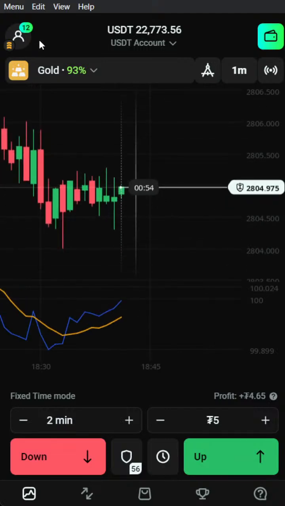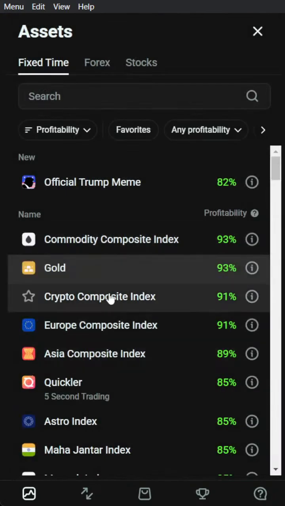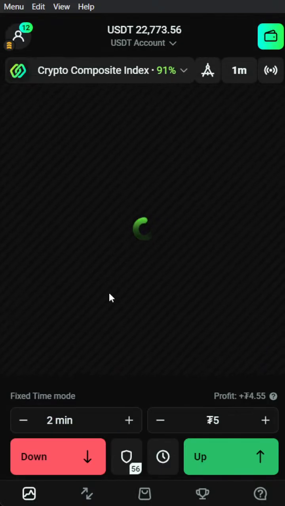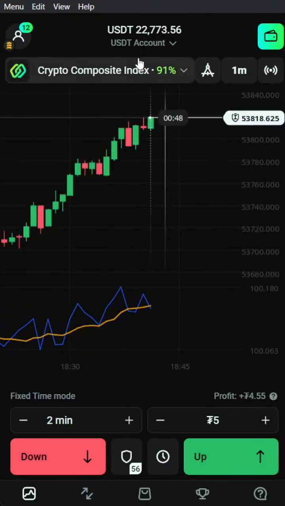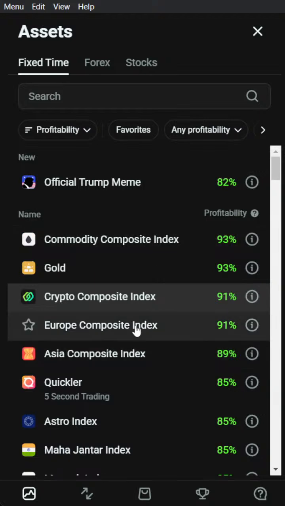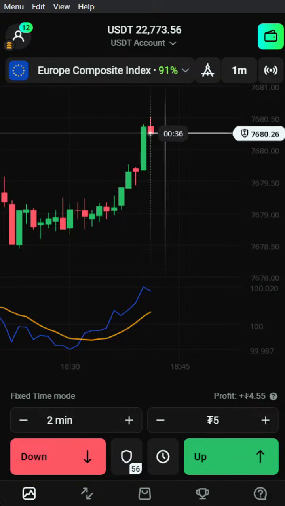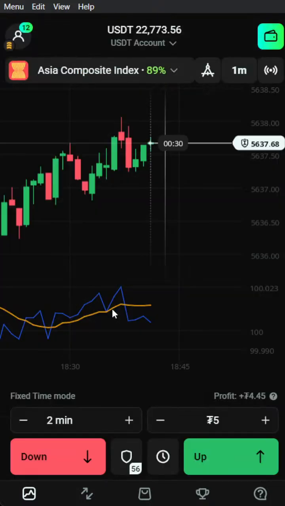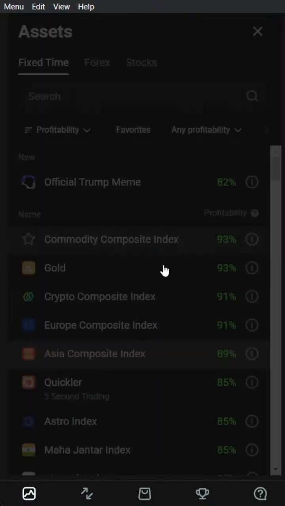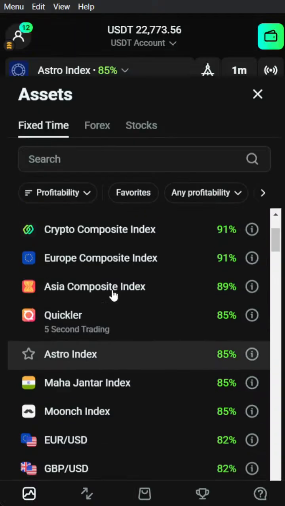Again, we might have a signal in gold, but as I told you, look at the fluctuations. If you see too much up and down going on, avoid that asset. If you see instability, avoid that asset. All right, so let me just go through assets and check.